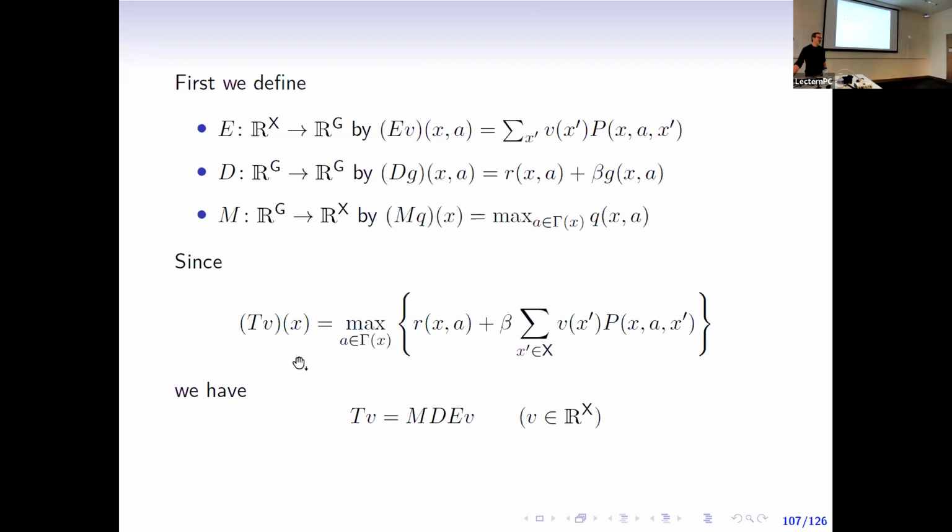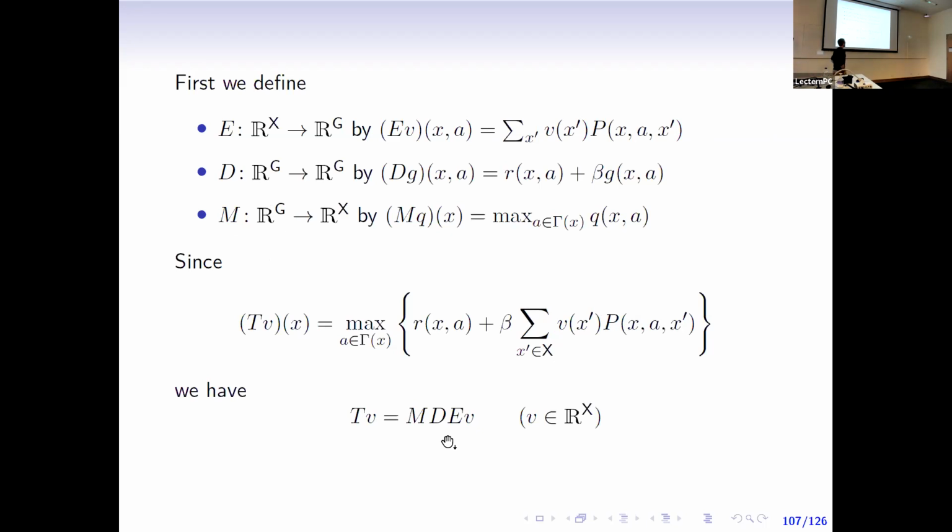Now, if you stare at the Bellman operator, it is exactly implementing these three steps. I take V, then I apply E, this first guy. And whatever I get out of that, I apply D to it, and I get this. And then I apply M to it, and I max it.